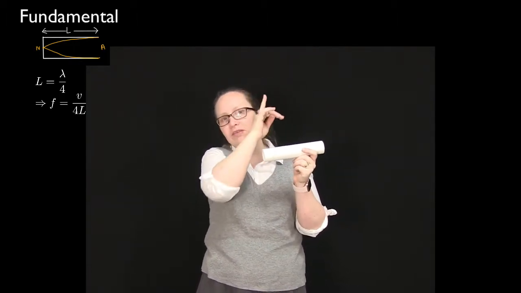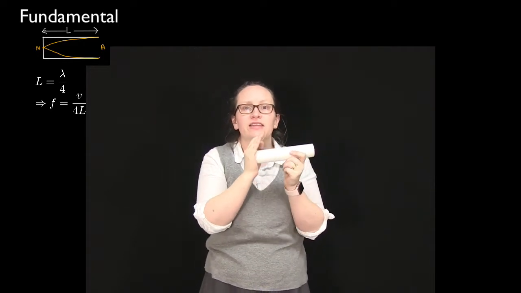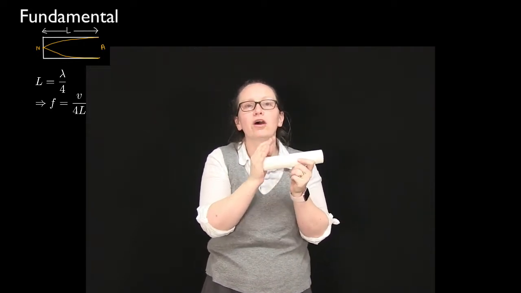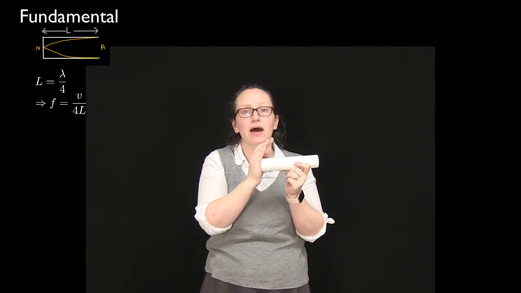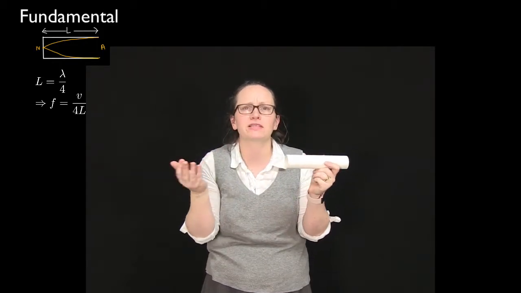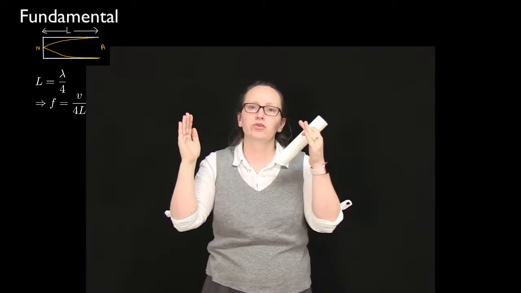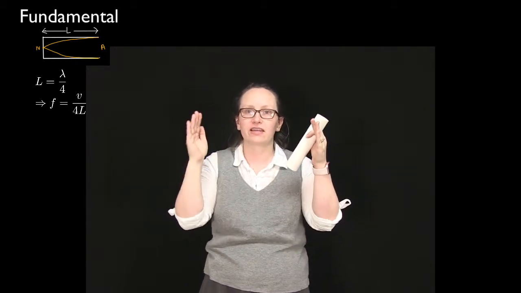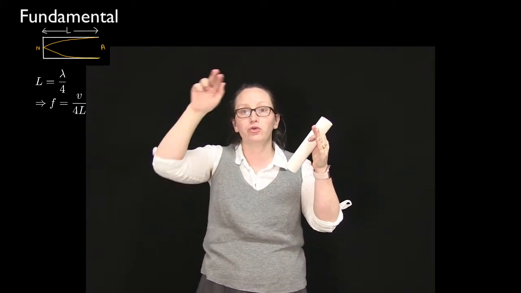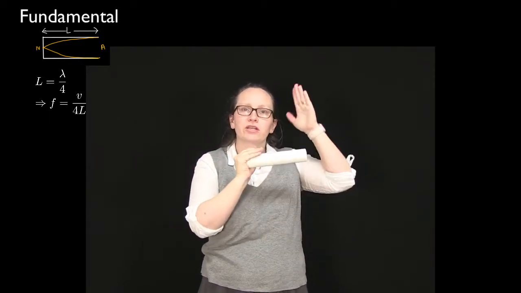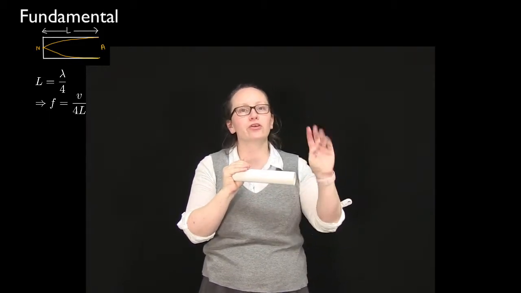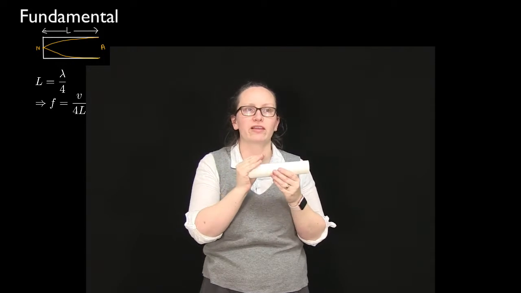So in this diagram, you can see that that'll happen when we have a quarter of a wavelength inside the pipe. So remember, as with standing waves on strings, one loop is equal to half a wavelength. In one wavelength, we've got the two loops. So what you can see here is half a loop, so that's a quarter of a wavelength.